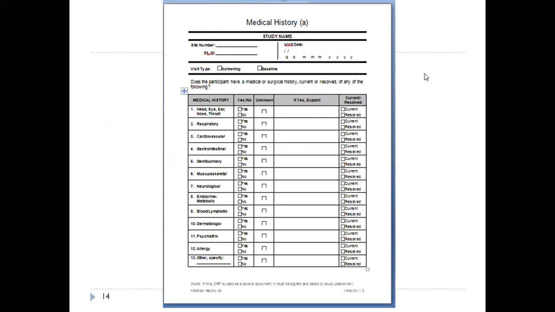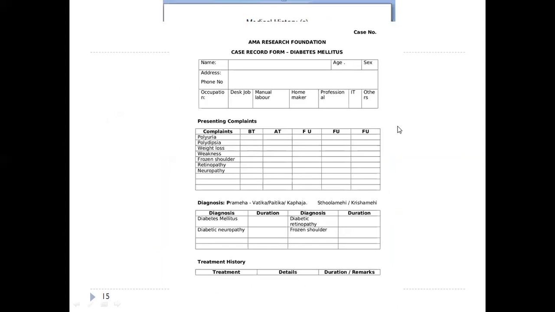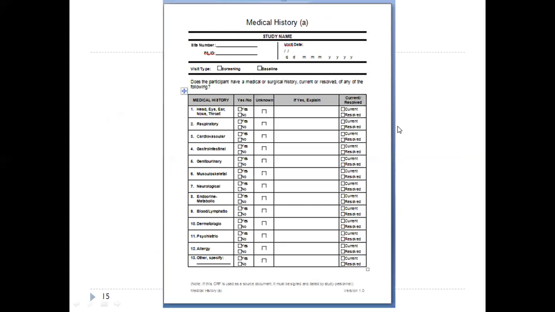This is a clinical research pro forma where you want to record the medical history of a particular patient. So does the patient have a medical or a surgical history, current or resolved, of any of the following?